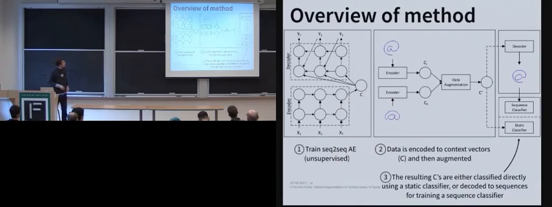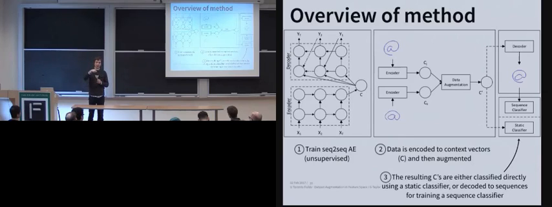For a quick overview of the method, we're going to train a sequence-to-sequence autoencoder on the training dataset. Then we have a method by which we can map any sequence to this vector representation called the context vector. In context vector space, we can do interpolation between context vectors in the same class, or extrapolation between them, or add noise to them.